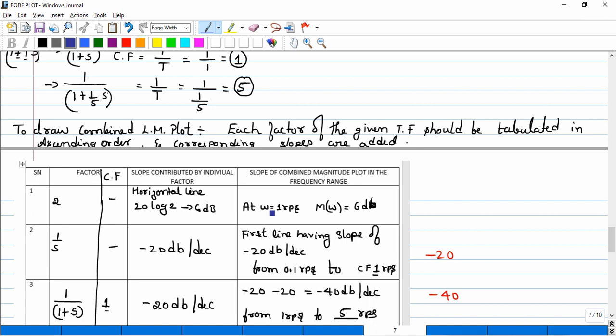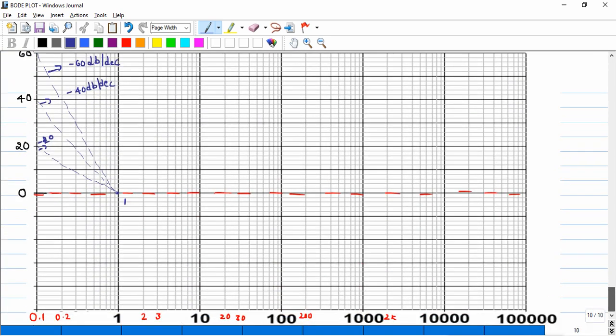So here you need to represent, at omega is equal to 1 RPS, you need to draw a horizontal line, that is 6 dB. See, omega is the particular value. This is the point, and now you need to check the division.